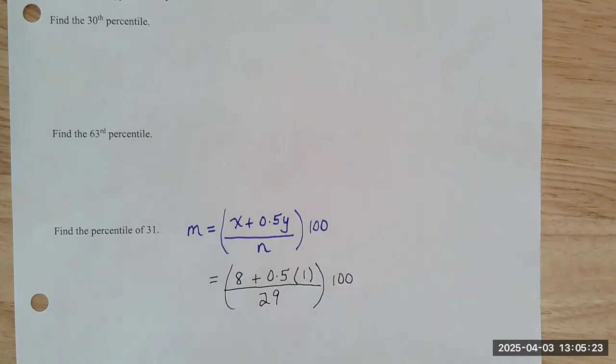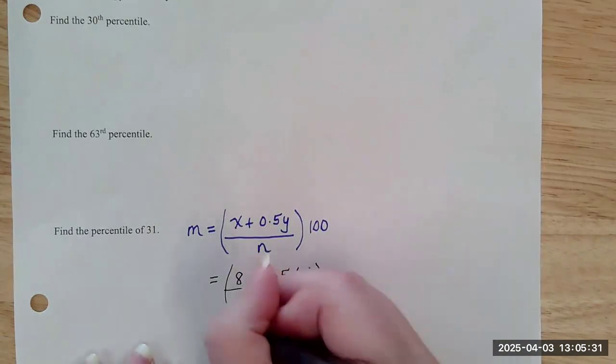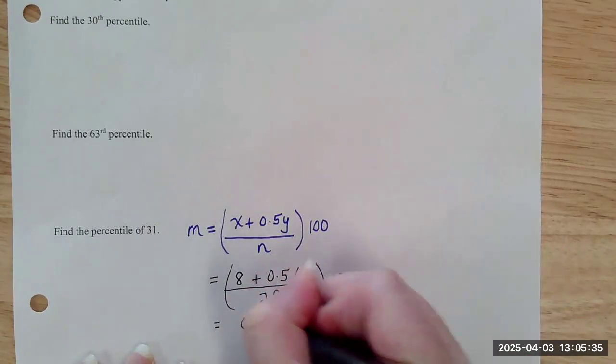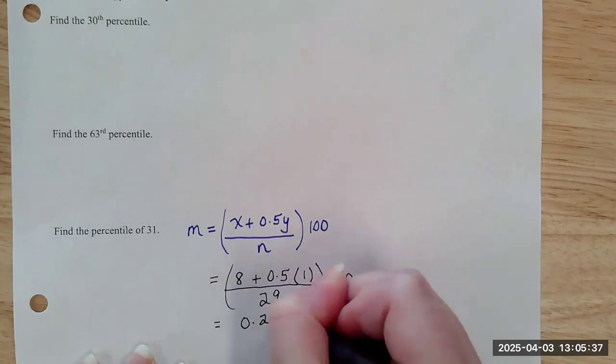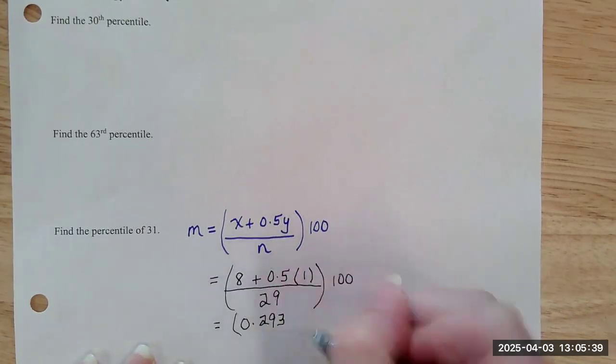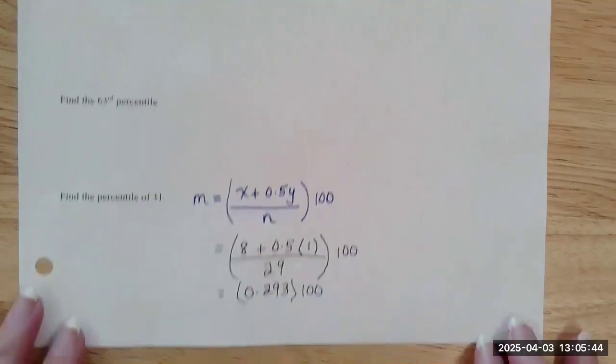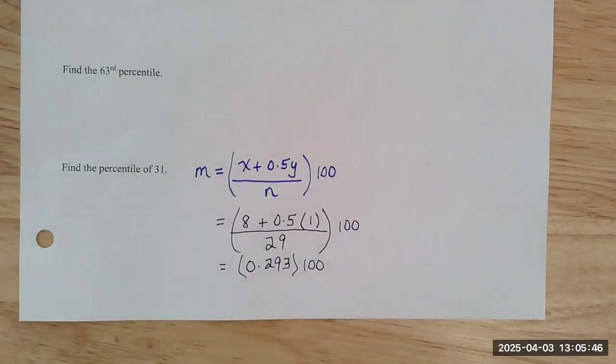So we have 8 plus 0.5, that's going to be 8.5 divided by 29. That's going to be 0.293 when I work that all out, and I'm going to multiply that by 100. Multiplying by 100 just means we're going to move that decimal point over 2 places.